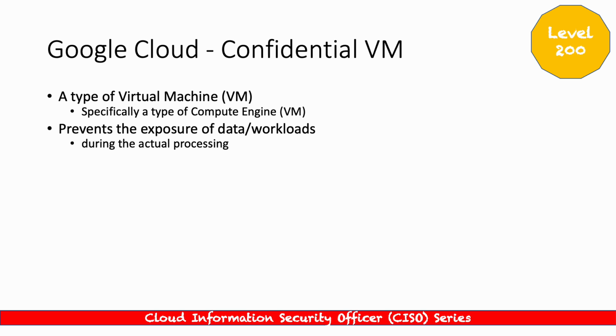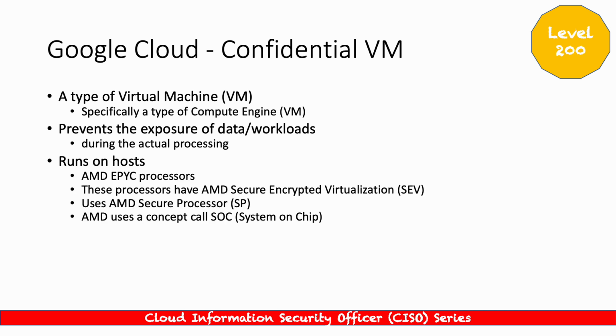What it's actually doing is preventing the exposure of secure data and workloads during the actual processing, as we discussed before. But remember, we're not talking about regular data. We're talking about confidential, secure, sensitive data and workloads here, right?